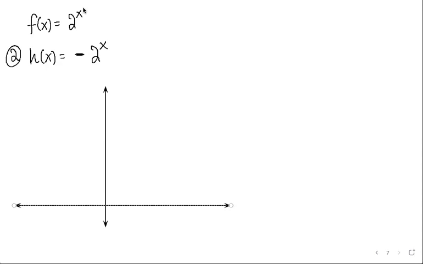So if I think of the steps from the previous section, my original function O of x is 2 to the x. This means we multiply both sides by minus 1, so I get minus O of x equals minus 2 to the x.